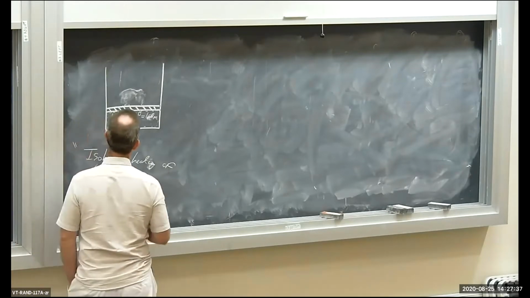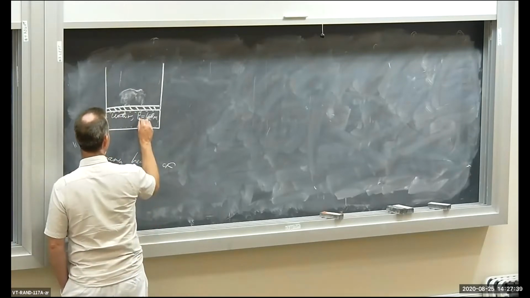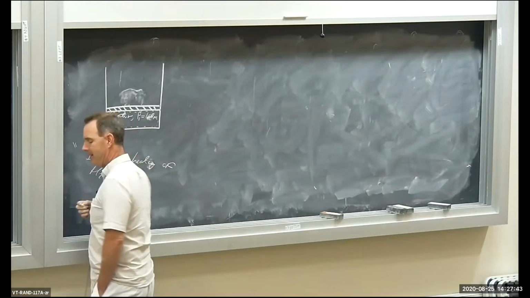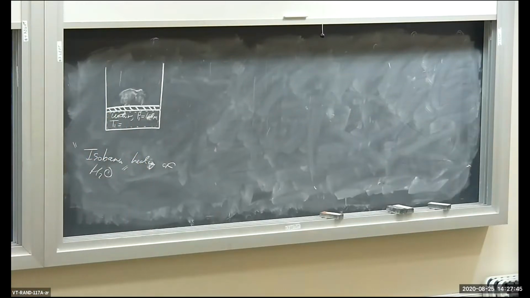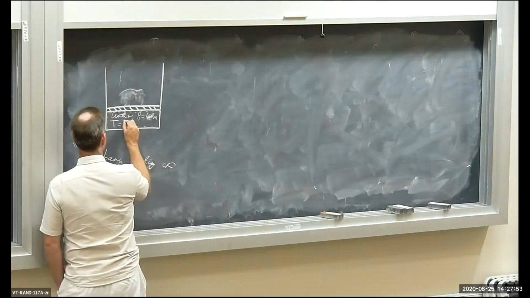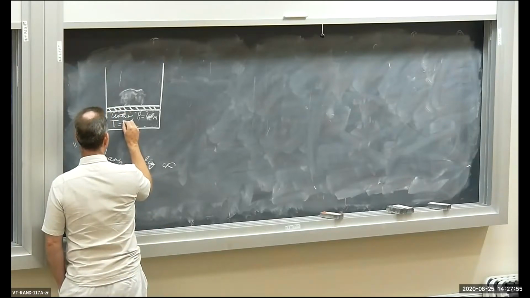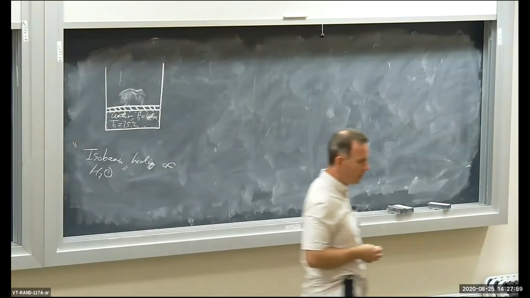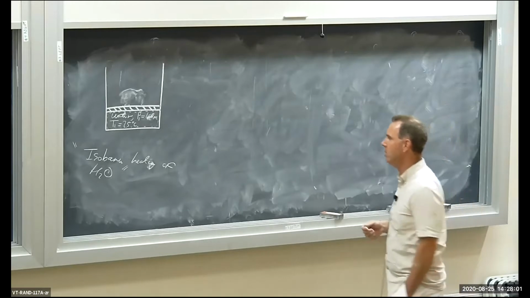Let's say the original temperature, so this is P1. Let's say the temperature T1. Well, water boils at 100 degrees C. Let's say the initial temperature is room temperature. Let's say 25 degrees C. So let's say the original temperature is 25 degrees C for this water.